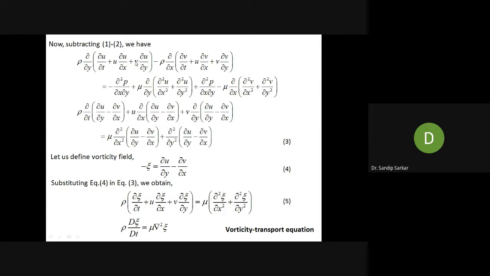Plus, taking v del del y common, we again get del u del y minus del v del x. Clear? Is this line clear? Yes or no?